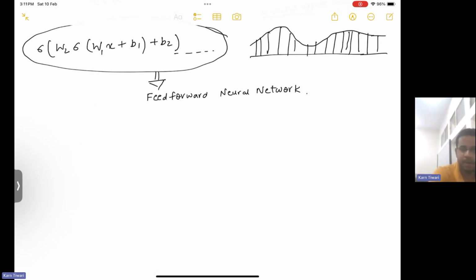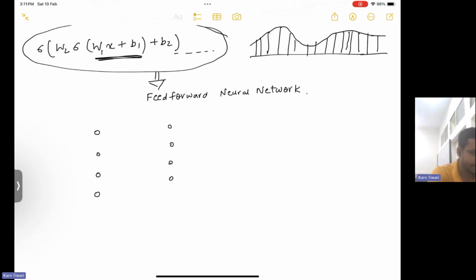So there is an interpretation of what is happening. We are given inputs, and there are hidden layers. This whole sequence is a hidden representation, which is latent.